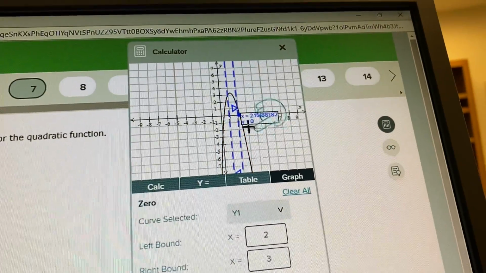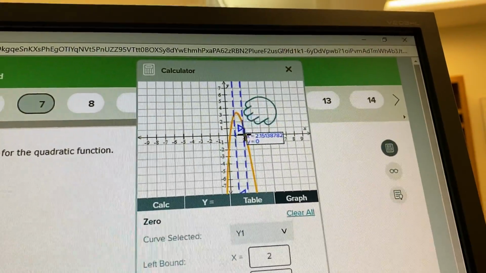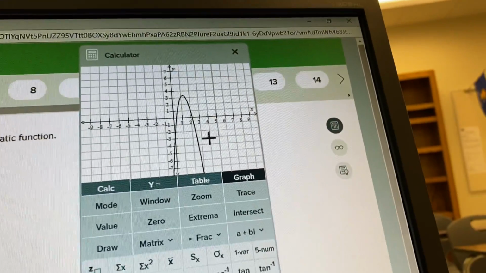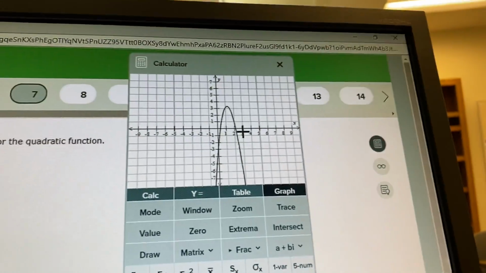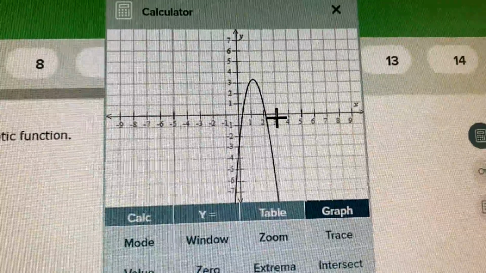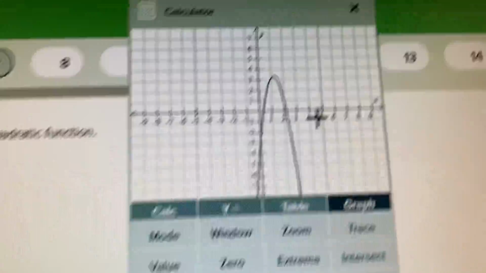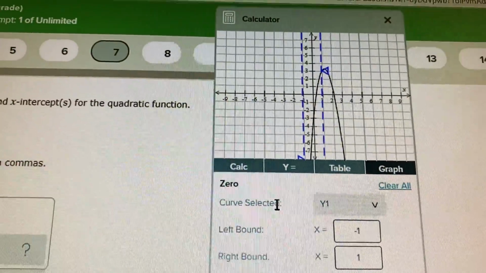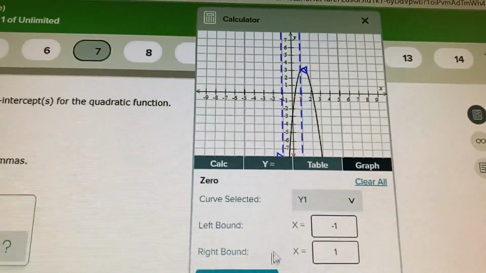It doesn't look like it did that one right. Let me do that again. Okay, so looking at that x-intercept, it's between 2 and 3. Let's try that again, zeros.